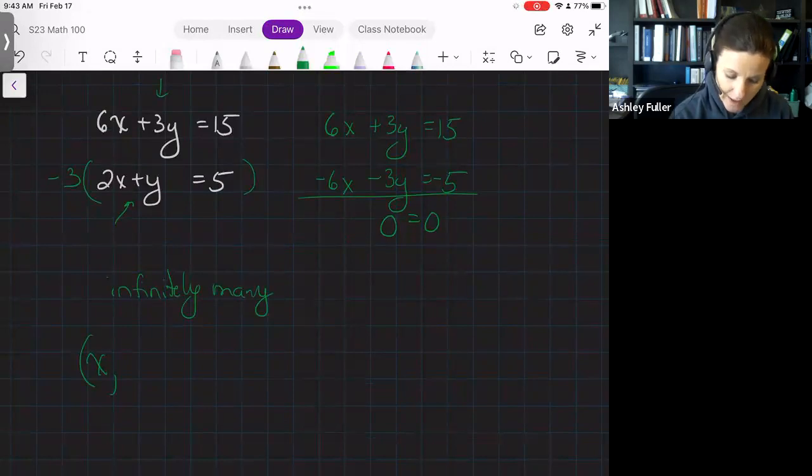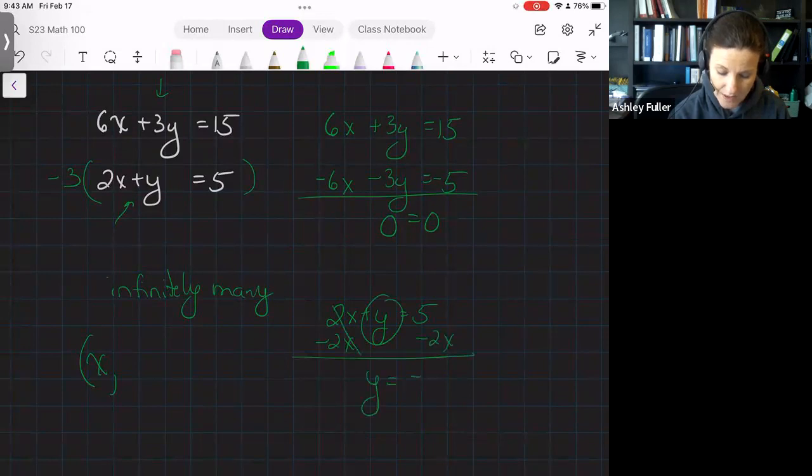And then no matter what I choose for x, if I now solve for y, because that's the variable I still don't know, I can subtract 2x, and I end up with y equals negative 2x plus 5, or 5 minus 2x.